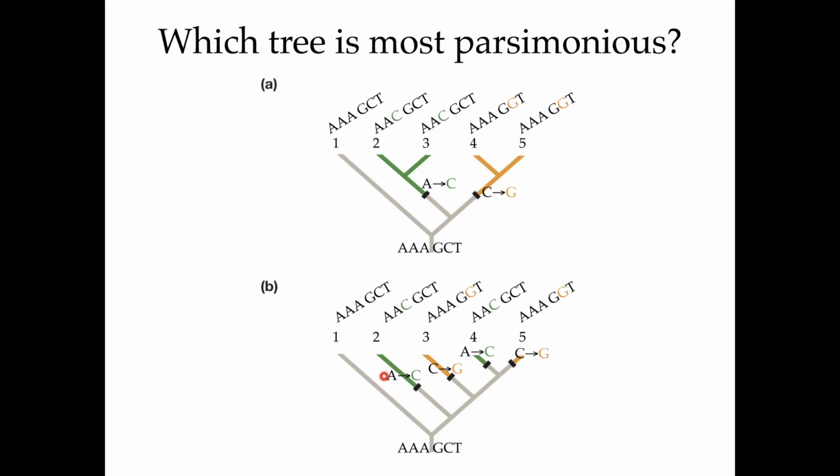On the other hand, here we would have to have 4 different changes, and we would say that on sequence 2 and 4, exactly the same change should have happened at different times in evolution. So this is less probable than the situation here. So A would be the most parsimonious tree in this case.